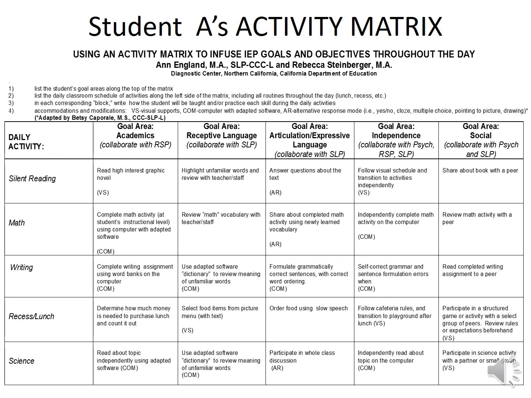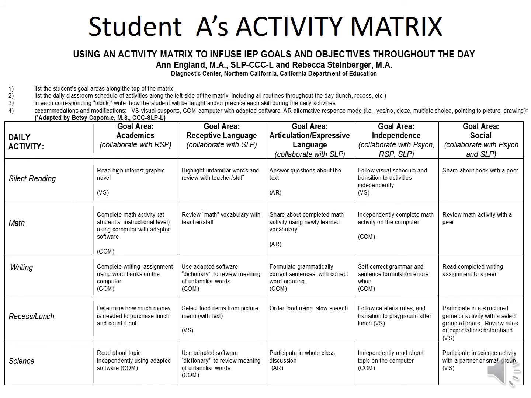So across the top, you can see the different goal areas: academics, receptive language, articulation, expressive language, independence, and social. And all of these different support providers are going to consult and collaborate within the classroom with the classroom teacher, and this is what it would look like.